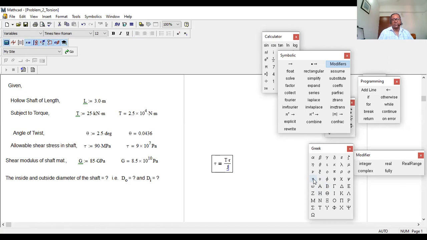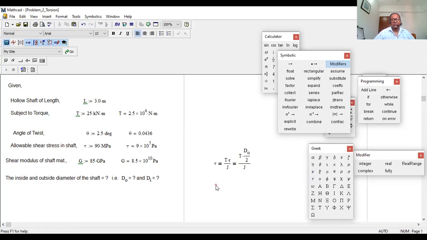In that case, the value of R will be, for maximum shear stress at the outer fiber, D naught divided by 2. Then J. So you are getting one formula.